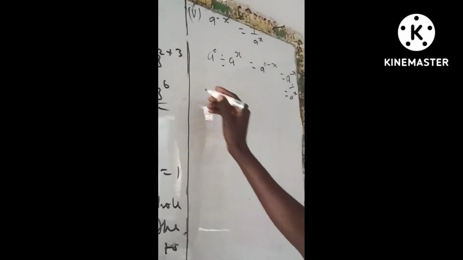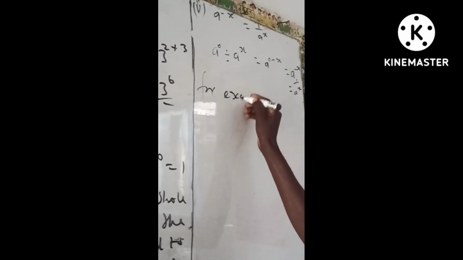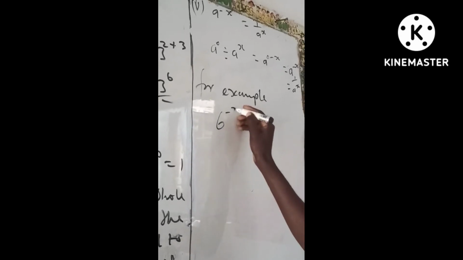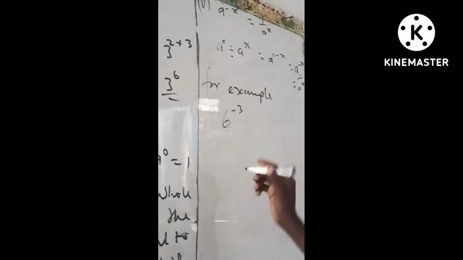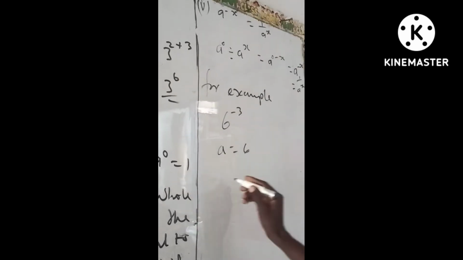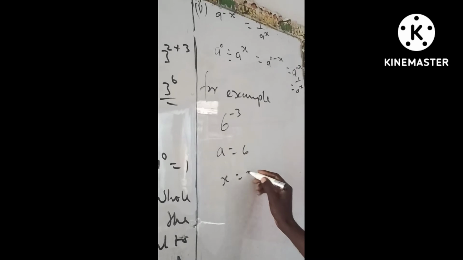For example, let's consider at least one example with respect to this. When you have 6 to the power of minus 3, here a is equal to 6 and x is equal to what? 3.